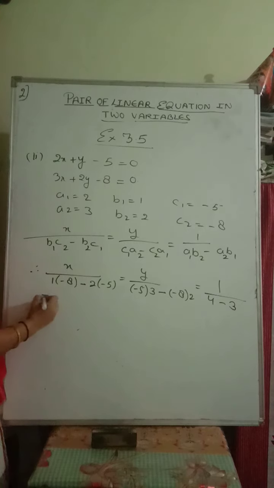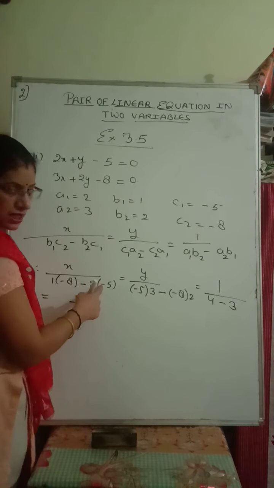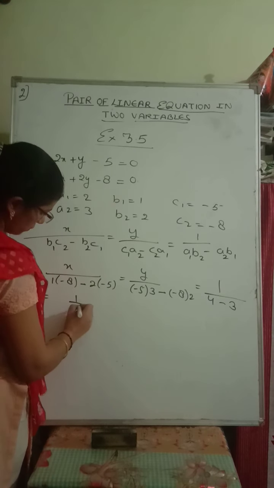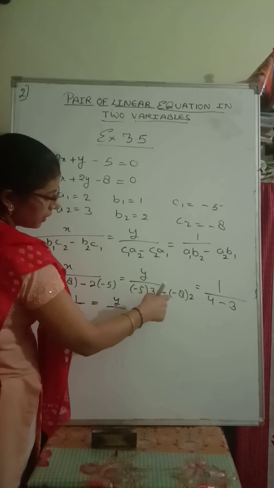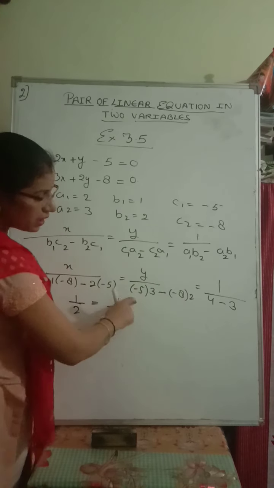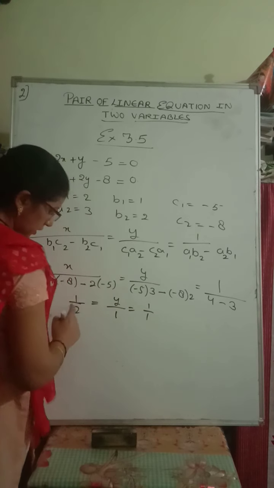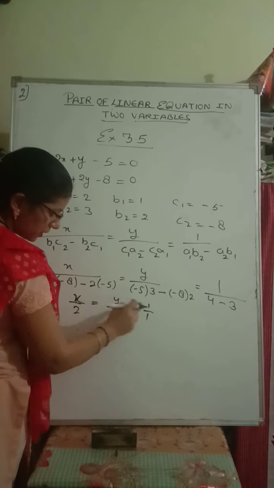So here you will get 1 upon minus 8 plus 10, which is 2, equals y upon minus 15 plus 16, which is 1, equals 1 upon 1. Comparing this and this, then we will compare this and this.